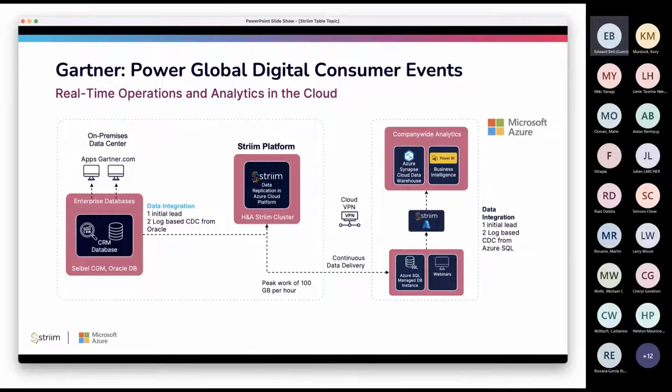Then from there, what's interesting here is you can even use Striim as a second ingestion path. So say you land your data, in this case in SQL DB, ADLS, or any other storage tier, then you can use Striim to replicate from that to Synapse. And in this case, Gartner's running their analytics using Power BI running on top of Synapse.